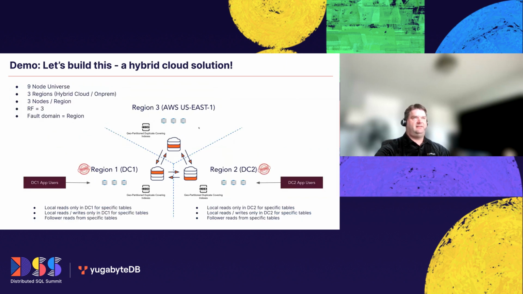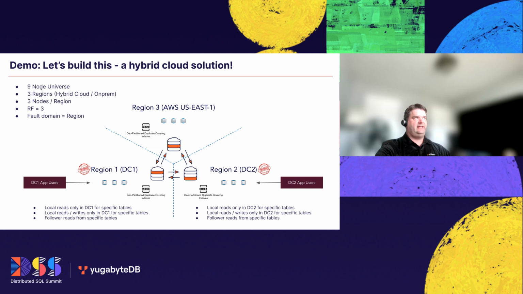So here's the layout we're going to try to build in Yugabyte. We have 3 regions. Actually, this is a hybrid kind of solution. There are 2 data centers that are kind of local. I just call them DC1 and DC2. And then I have 1 cloud region, it's just US East 1. And then we're going to do a bunch of advanced features, right?